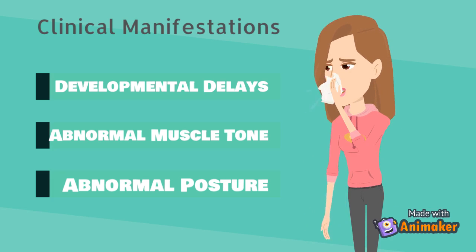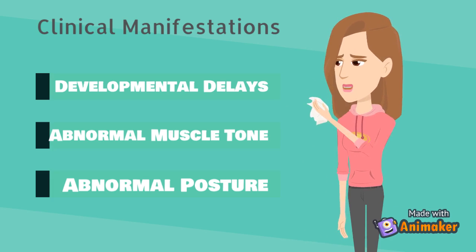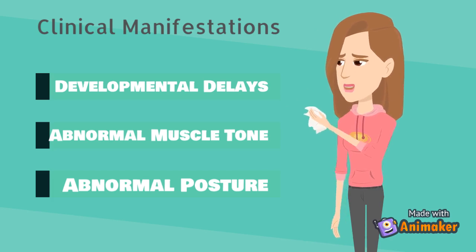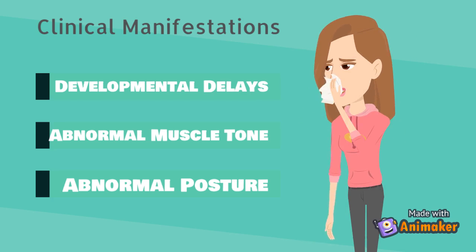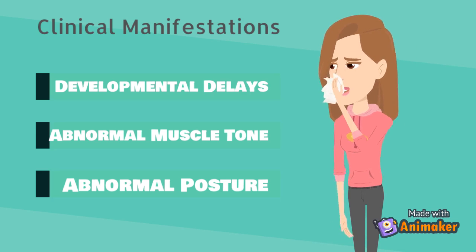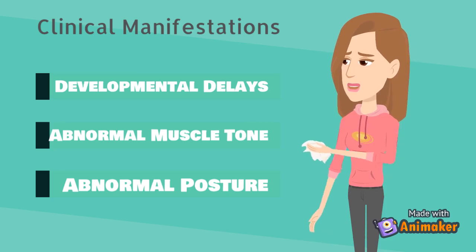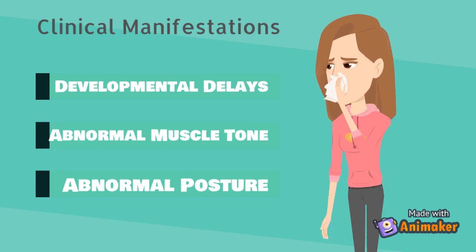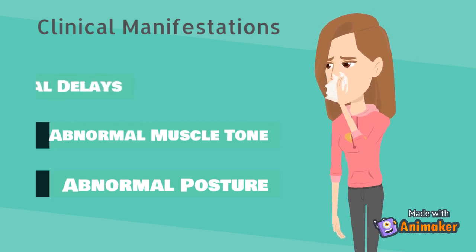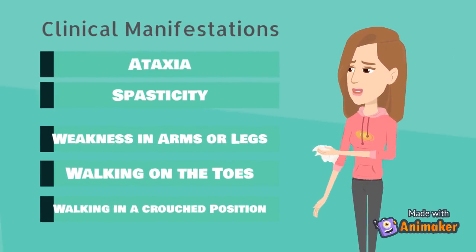And next comes abnormal muscle tone, which is when their body parts are either too floppy or too stiff, and abnormal posture. And this is where the child favors one side of the body, either when they're crawling, walking, or just otherwise moving. These three signs are the number one indicators for cerebral palsy in an infant.